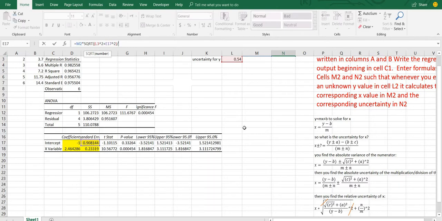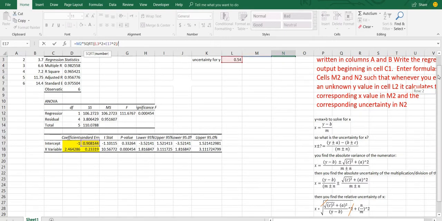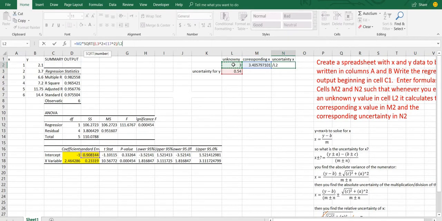Then divided by our Y value, which we created earlier also. Minus our B value, which is from the table. And let's put parentheses around this.